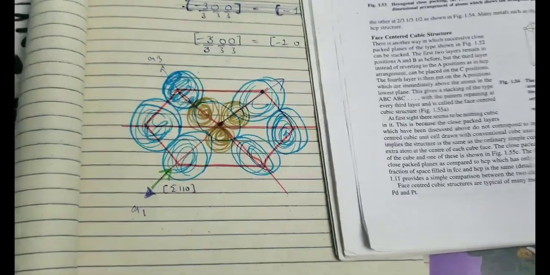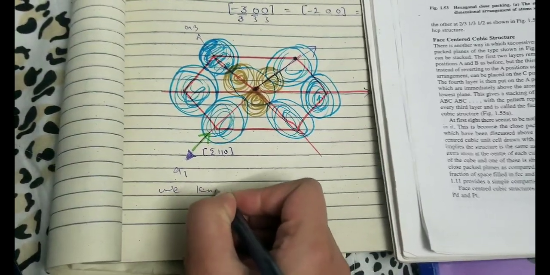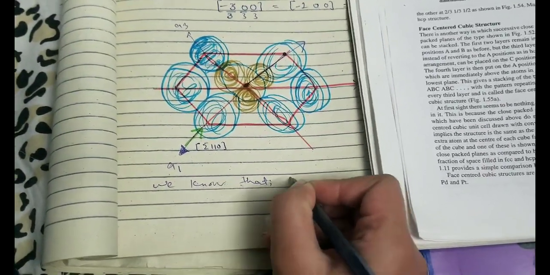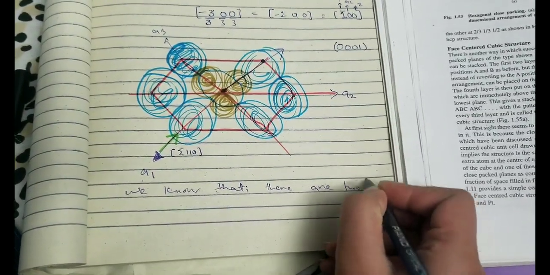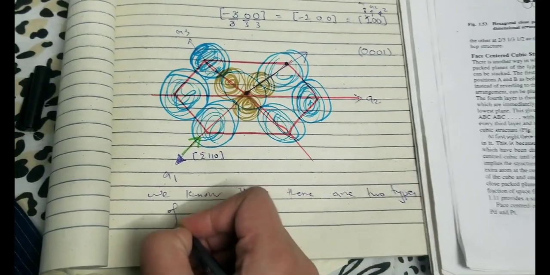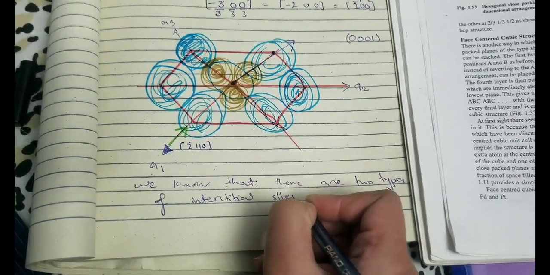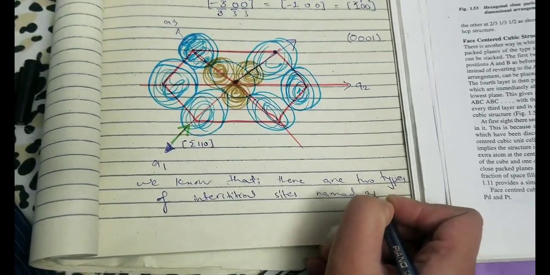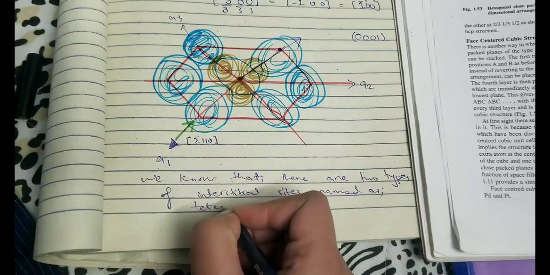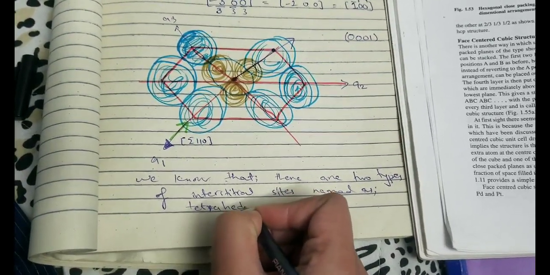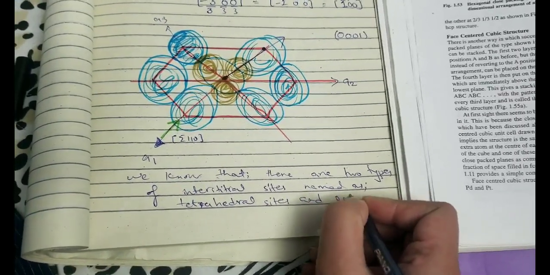Now we need to mention the interstitial sites. We know that there are two types of interstitial sites. One is tetrahedral sites, and another is octahedral sites.